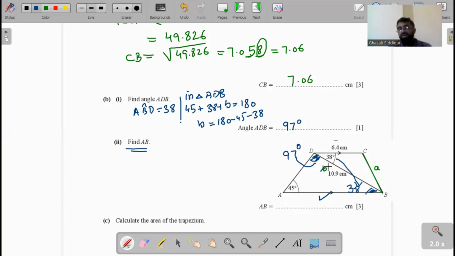Here is DB, that is length DB, over sine 45 will be equal to this length AB we have to find over the sine of the opposite angle, sine 97. Now DB length is 10.9. Therefore, AB length will be equal to 10.9 multiplied by sine 97 over sine 45.